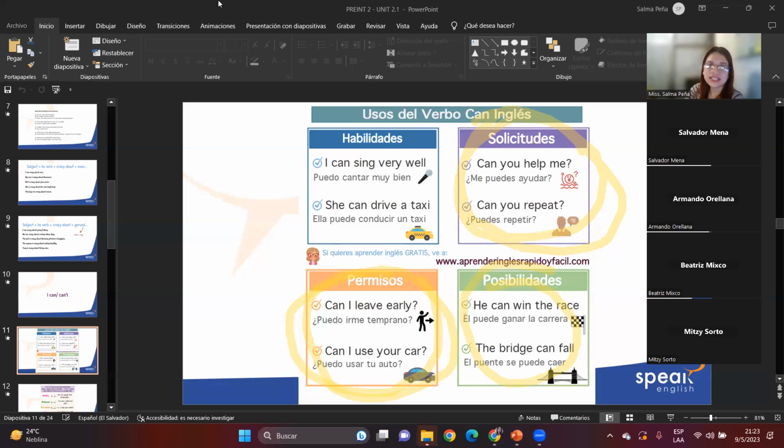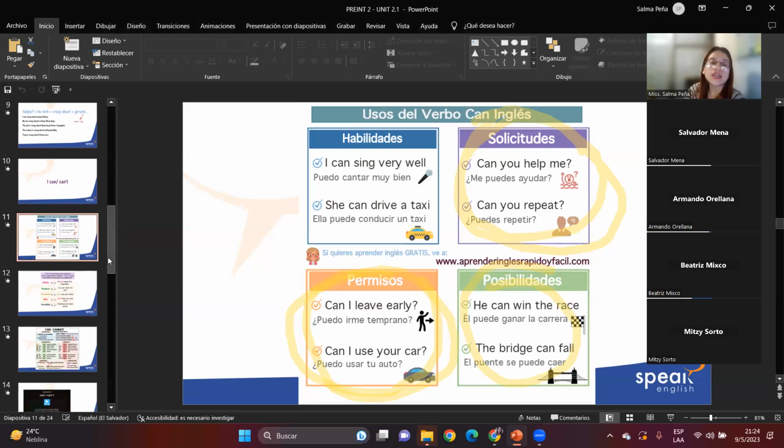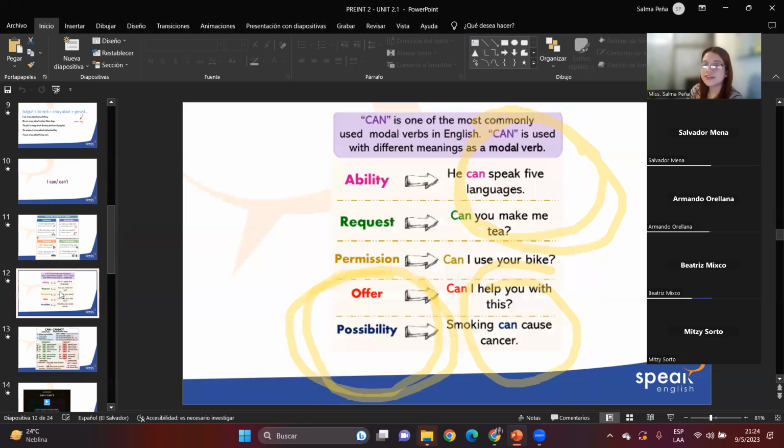So guys, that is the idea to talk about can. Podemos hablar principalmente de las habilidades, ese es su primer uso. Y puede ser tanto cosas que podemos hacer como las que no podemos hacer. So don't forget, we can use it to talk about abilities, requests, permissions, offers, and possibilities.